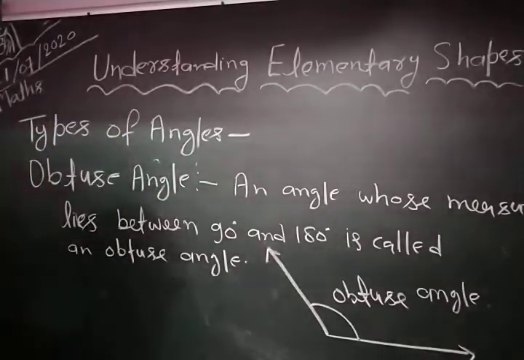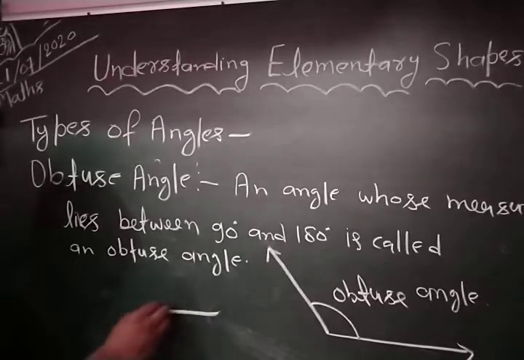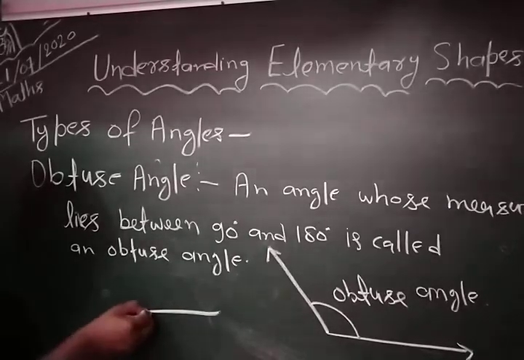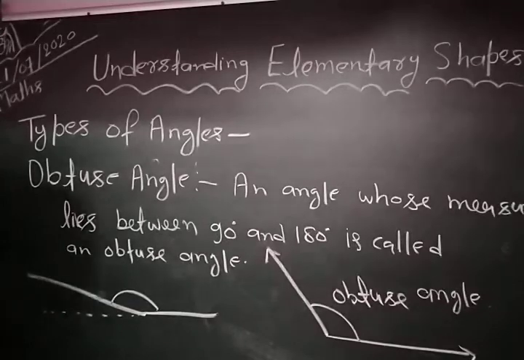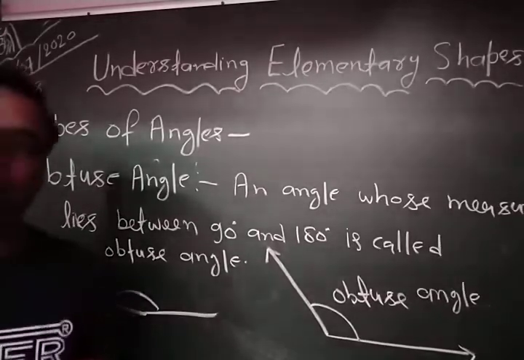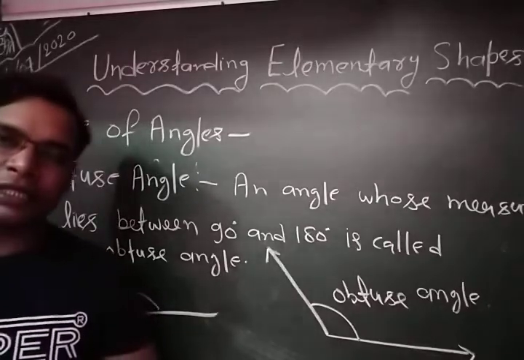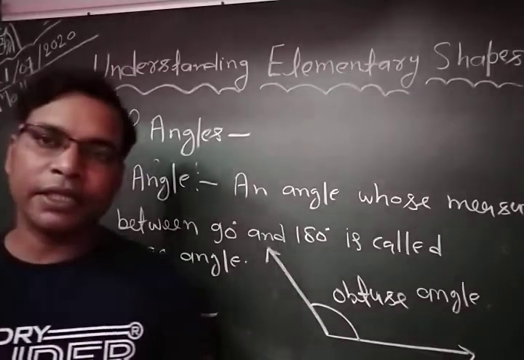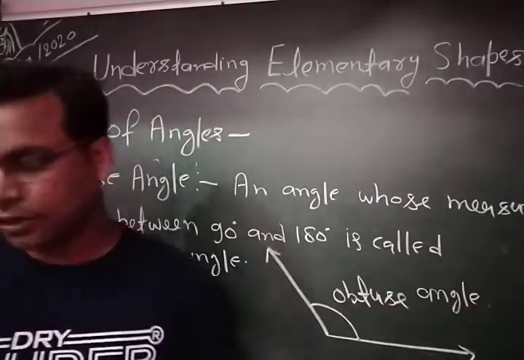So many types of figures of obtuse angle, you can also look like this. Okay, this is an obtuse angle. So all those figures which are greater than 90 degrees and less than 180 degrees, you can say this is an obtuse angle.